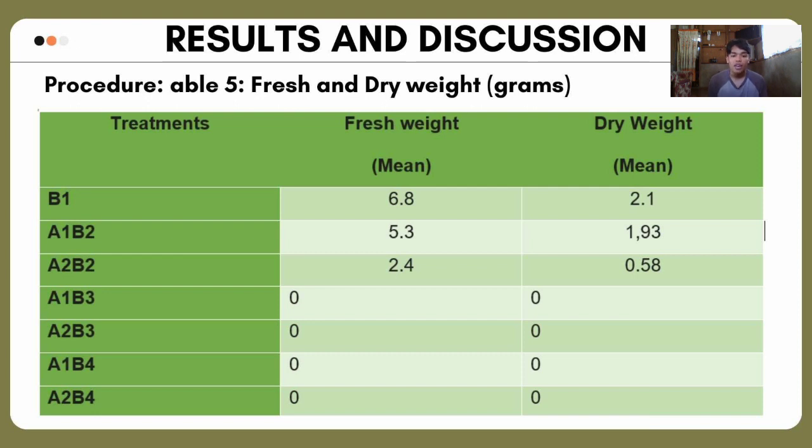A1B2 exhibits a mean fresh weight of 5.3 grams and a dry weight of 1.93 grams, indicating a moderate response to the nutrient conditions. A2B2, on the other hand, demonstrates a reduced mean fresh weight of 2.4 grams and a dry weight of 0.58 grams, suggesting a less favorable impact on cacao growth compared to A1B2.